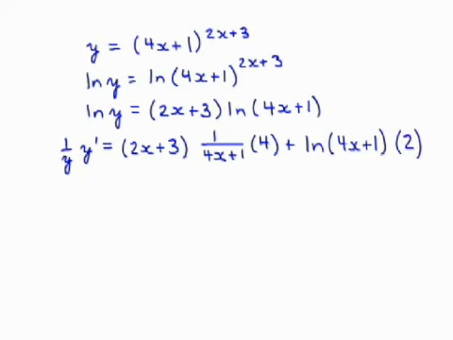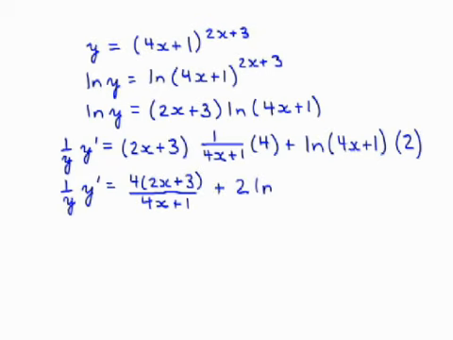In the next line, I've just cleaned it up a little bit, so I have 1 divided by y times y prime equals 4 times (2x plus 3), all divided by 4x plus 1, and we add to that 2 natural log of 4x plus 1. Remember that I am trying to solve for y prime.